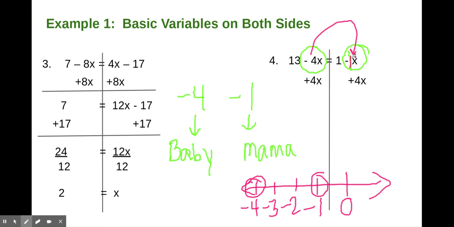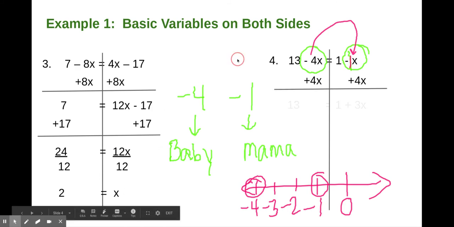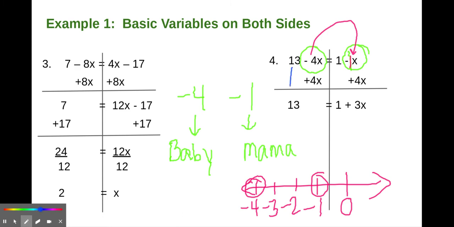Okay, if you don't have a coefficient before a number, you can always put a 1, but be careful because that is a negative, not just a positive, that is a negative. Okay, so since I took the positive 4x over, what happens? Well, my 13 comes down, right? The negative 4 and the positive 4 cross out. I bring down my 1, and the negative 1 and the positive 4x then become 3x.